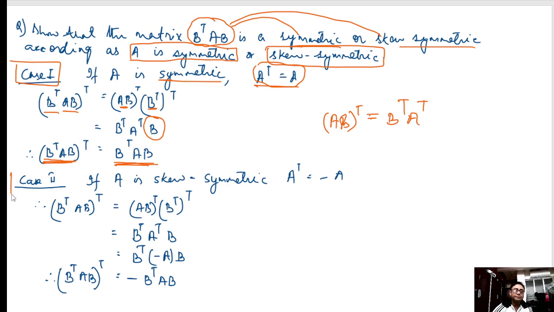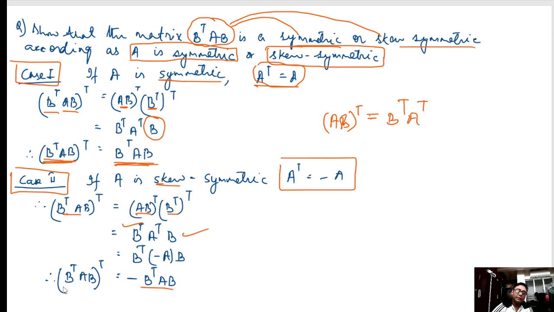Second case, if A is taken skew symmetric, then we can write like this. So let us now do the transpose of this. Again, applying the same formulas, we are getting this. Now A transpose is actually minus A, so we are getting this.